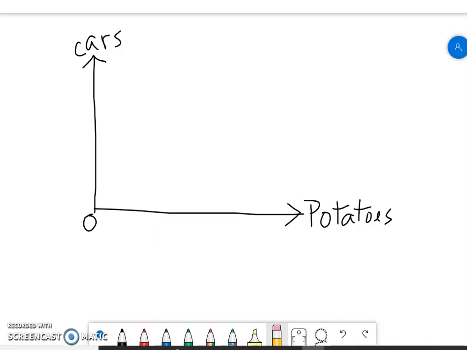After we understand the assumptions of the production possibility frontier, now we can check out what a PPF looks like on the graph.